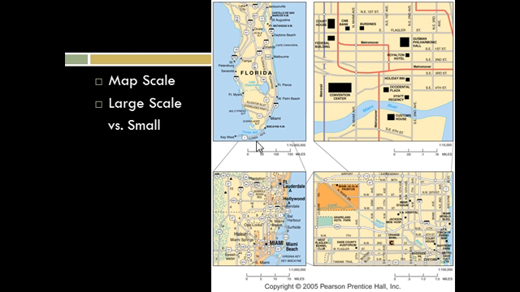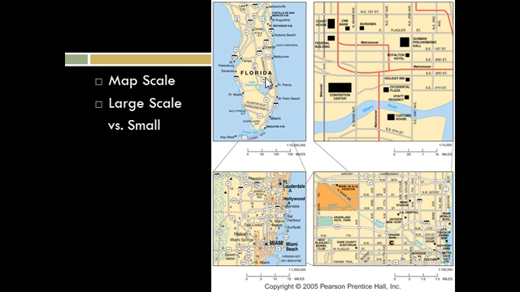Let's just take the two maps that we have here on the left side of this panel. The one on top is basically a map of the entire state of Florida. The other map just below is kind of a close-up view of one part of Florida. It's the Miami and Fort Lauderdale metropolitan area. So if we were to compare these two maps, here's the first thing that I would say.